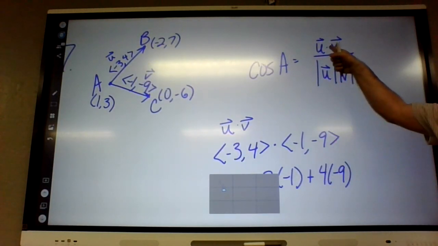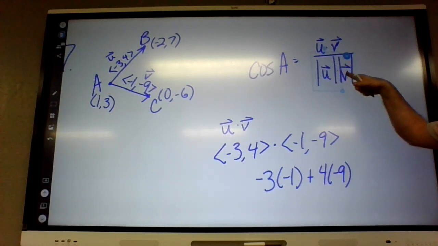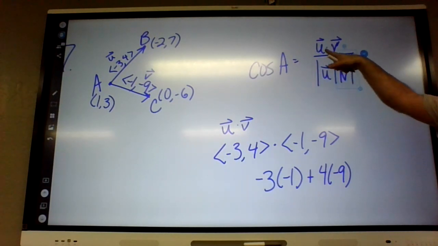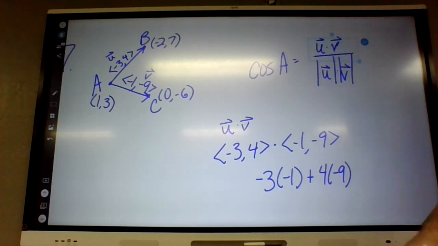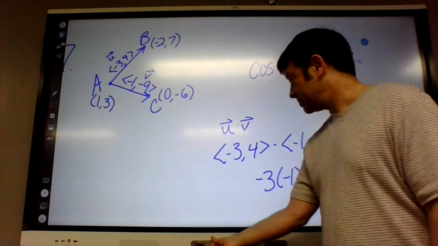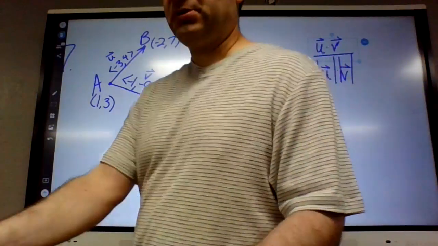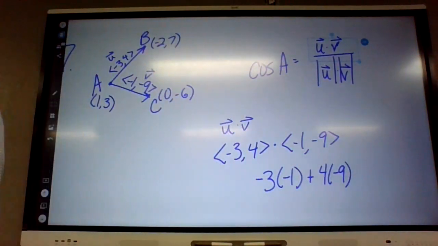Okay, that would be the dot product. These are just two numbers multiplied together. These are two vectors, the dot product of two vectors. So that is a little different. Why don't you guys see if you can figure that out in the next minute. Go.